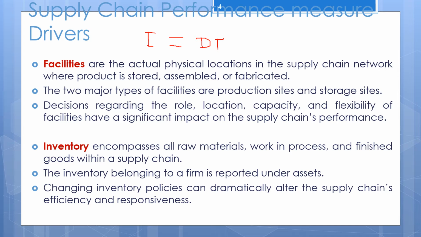If we are able to reduce inventory to say 300 units while holding throughput constant, we would reduce our flow time to 5 hours, that is 300 by 60. Here we have to note that inventory and throughput must have consistent units.